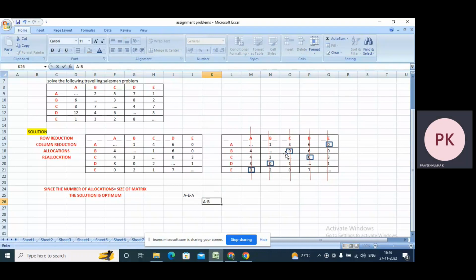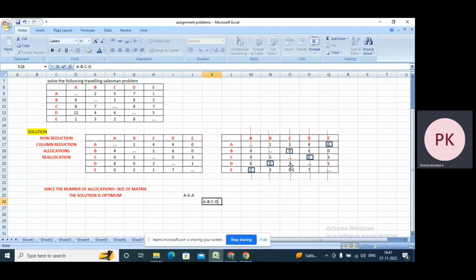B to C, because there is no smaller element 1 in the second row. A to B to C, and where is C? C to D, fine. C to D, and D to B. I will not allocate B, because if you allocate B again, you will come back to location B without reaching location E.